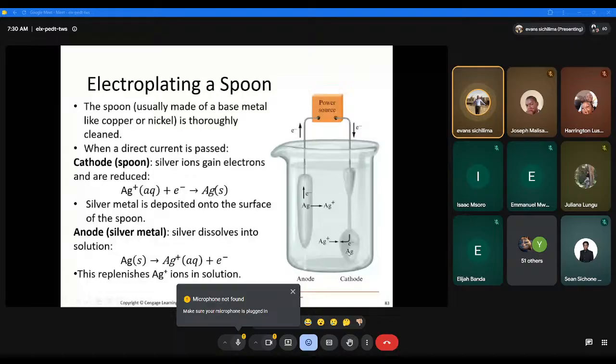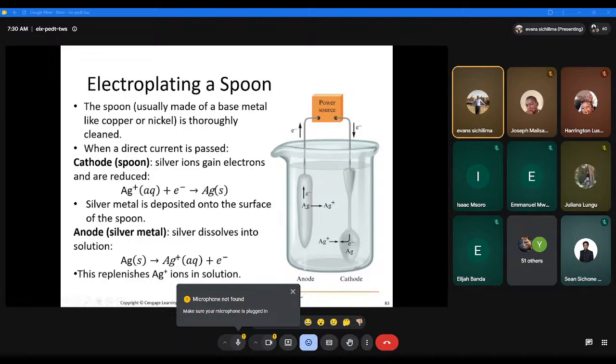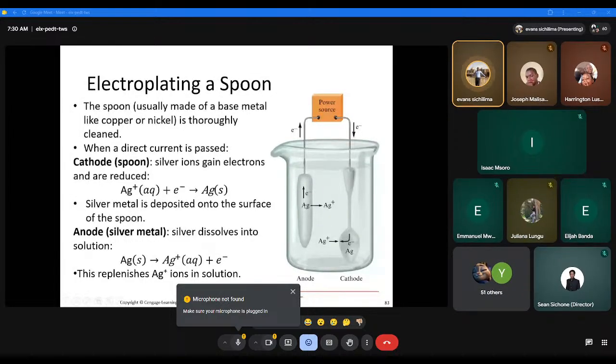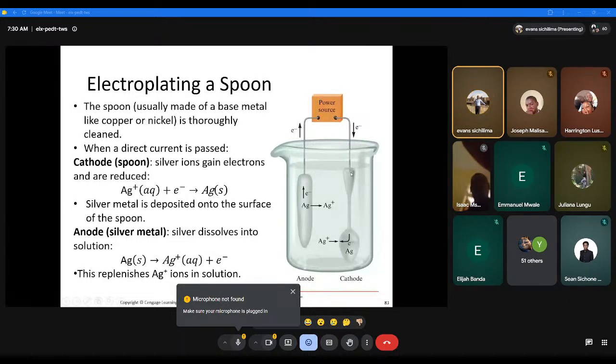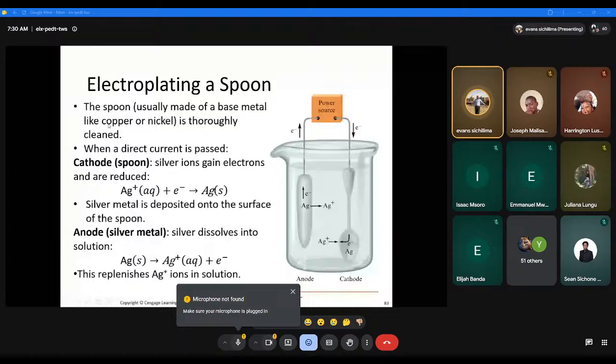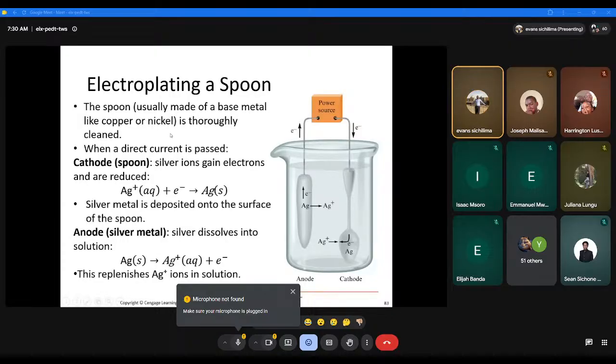Okay, so the electroplating of a spoon is an example that has been given here. So we have a power source, we have the silver metal, and we have the spoon that we want to electroplate. Usually the spoon will be made of iron or copper or any other metal, which is slightly cheaper.